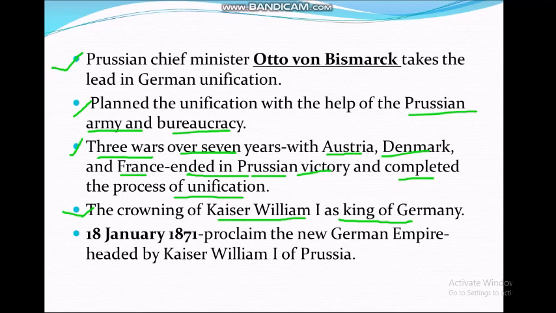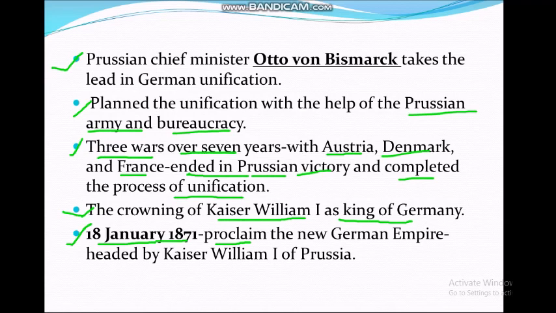The Congress Assembly took place at Versailles on 18 January 1871. On this day, what happened we will see.